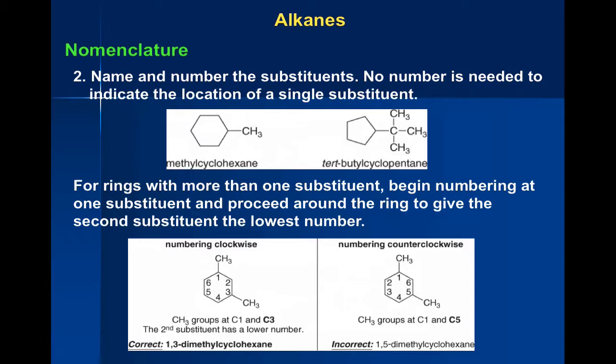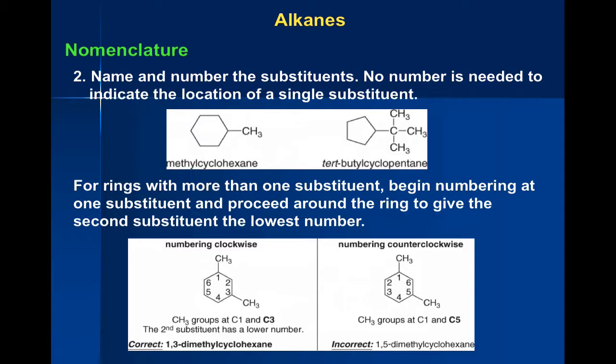If the ring has more than one substituent, numbers start to become important, okay? And so if you look at our, well, this isn't exactly the previous example. This is a dimethylcyclohexane. You can number either in a clockwise fashion, or we can number in a counterclockwise fashion. And what did we want to do on Friday for all of our substituents? We always wanted them to have the lowest possible location number, right?